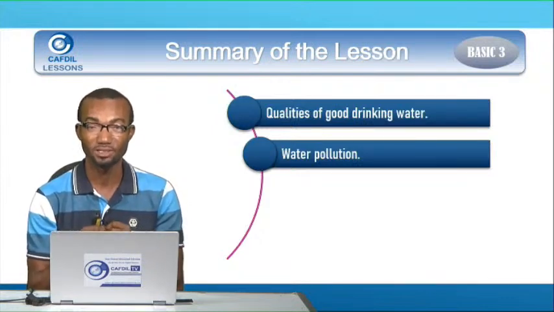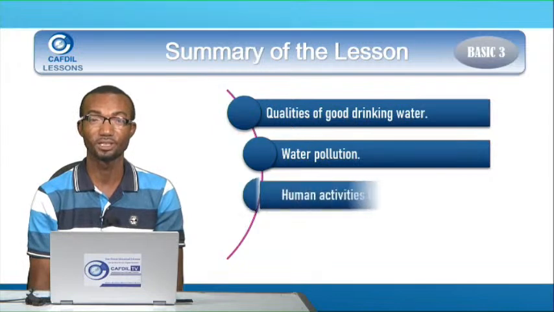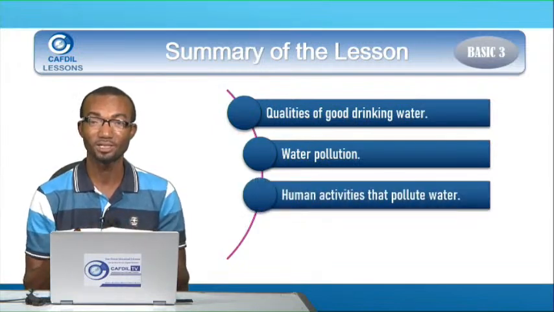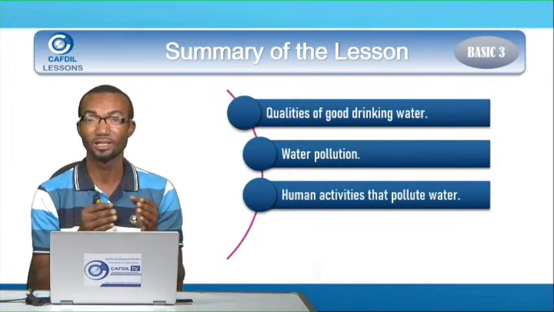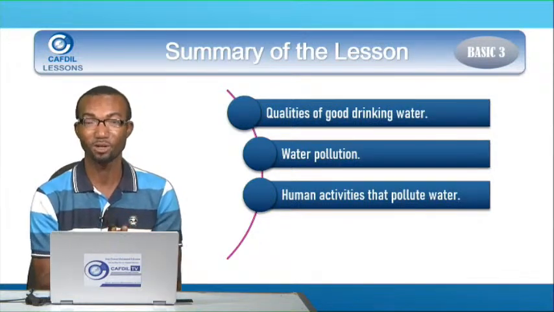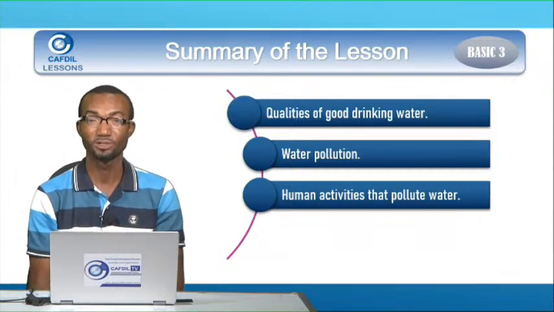We also looked at human activities that pollute water: throwing rubbish anywhere, polluting water with chemicals like what the miners were doing, and the chemicals that farmers use on their crops, which also get into rivers and pollute our water.